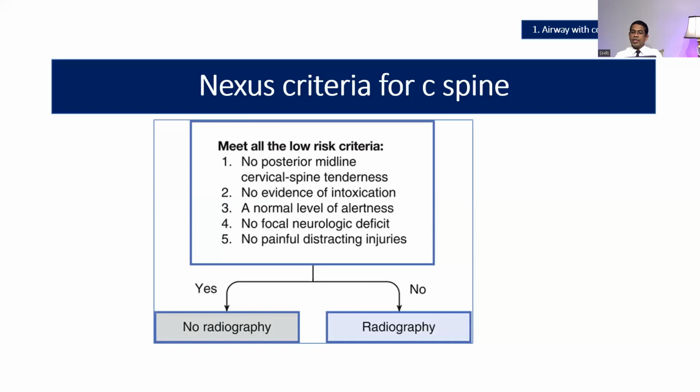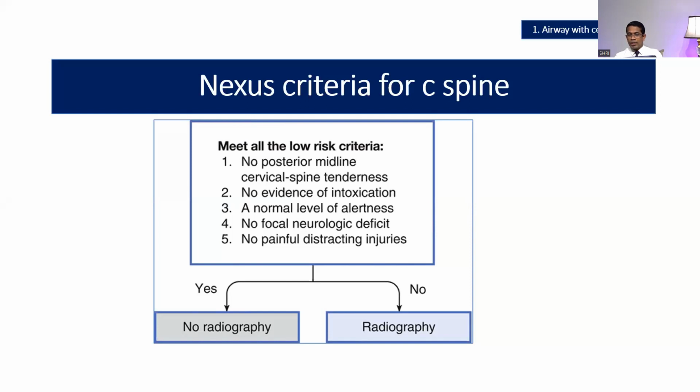Second, whether the patient is intoxicated. Third, whether the patient has a focal neurological deficit. Fourth, whether the patient has painful, distracting injuries. Fifth, you need to identify whether the patient has posterior midline cervical spine tenderness.